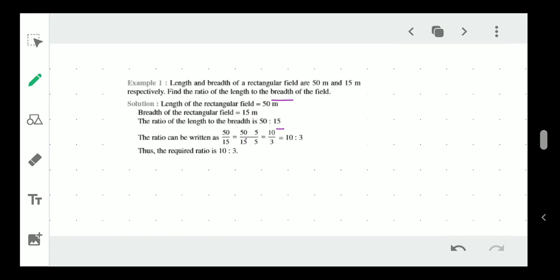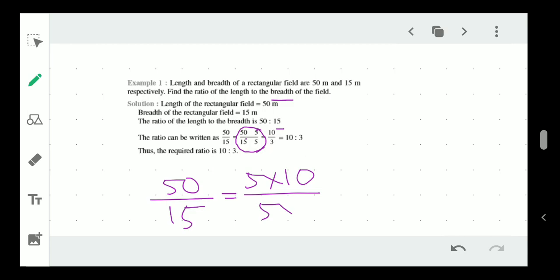Now you know that, okay, we ignore this part because I think there is a problem here. So let me do it. So this will be 50 by 15. So I can write here 5 into 10 by 5 into 3. So I can cut. So that will be 10 by 3. So my answer is 10 is to 3.